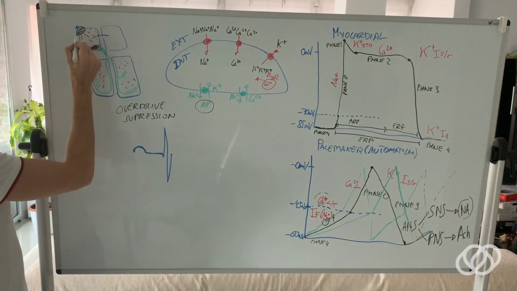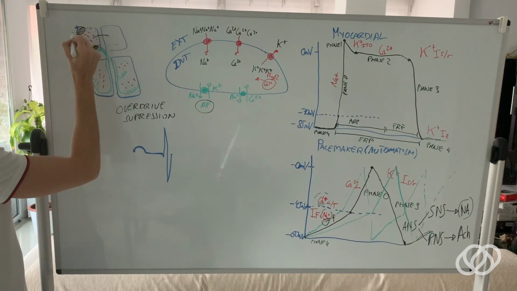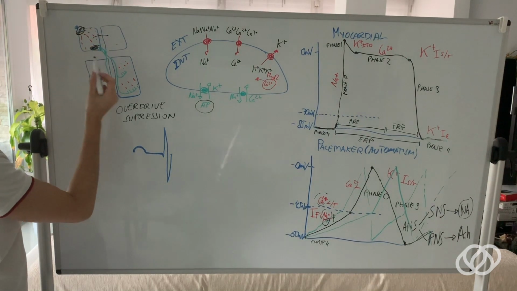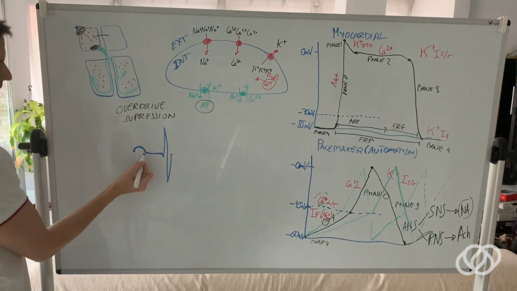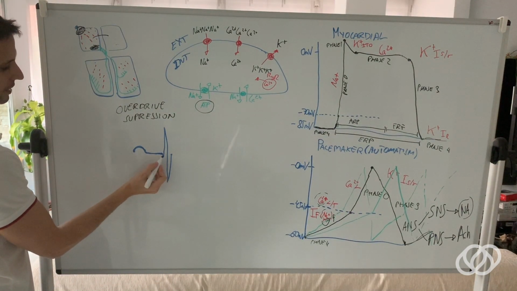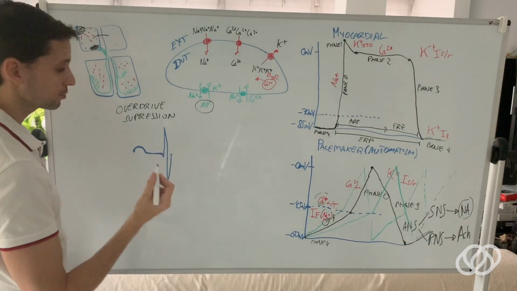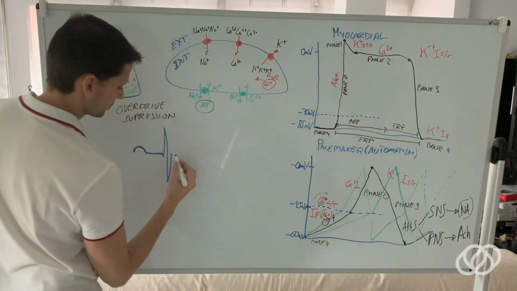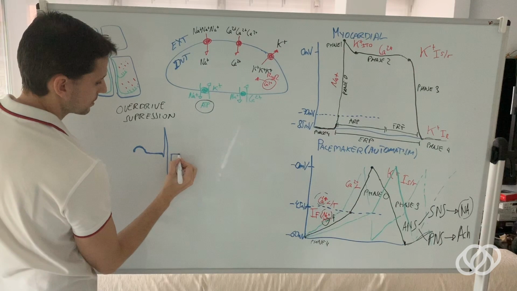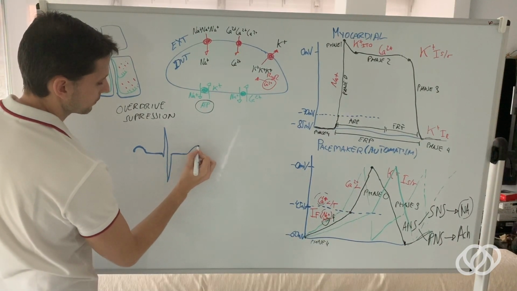Then the myocardial cells of the atrium are going to begin to repolarize. We are not going to be able to see them because this wave will be hidden inside the QRS complex. But we are going to be able to see the repolarization of the ventricles. How? We see it in the ST segment and the T wave.